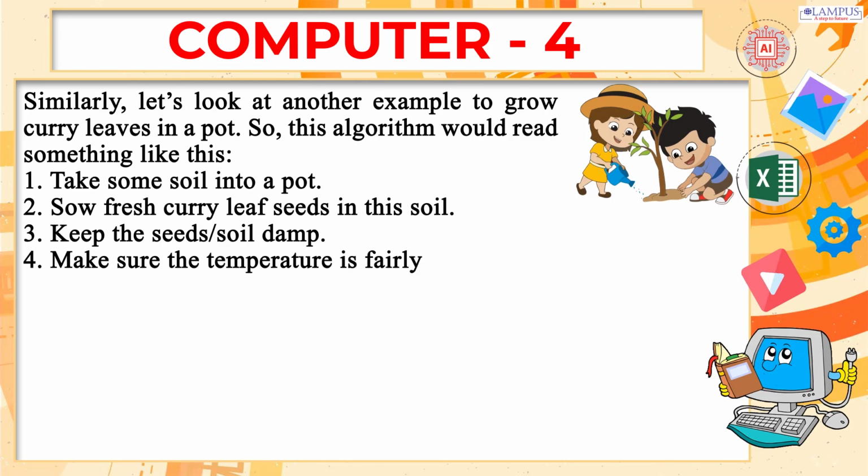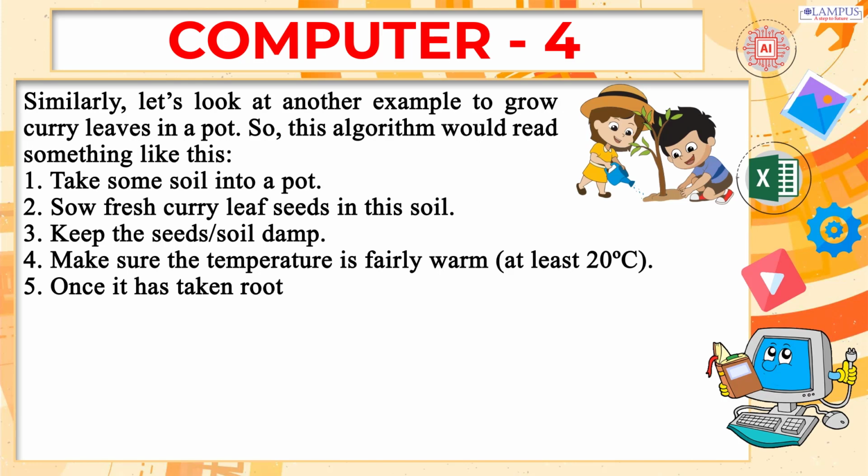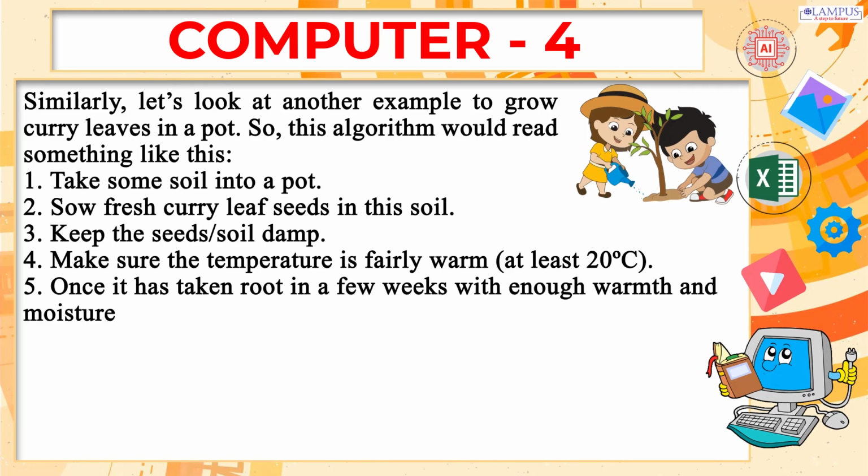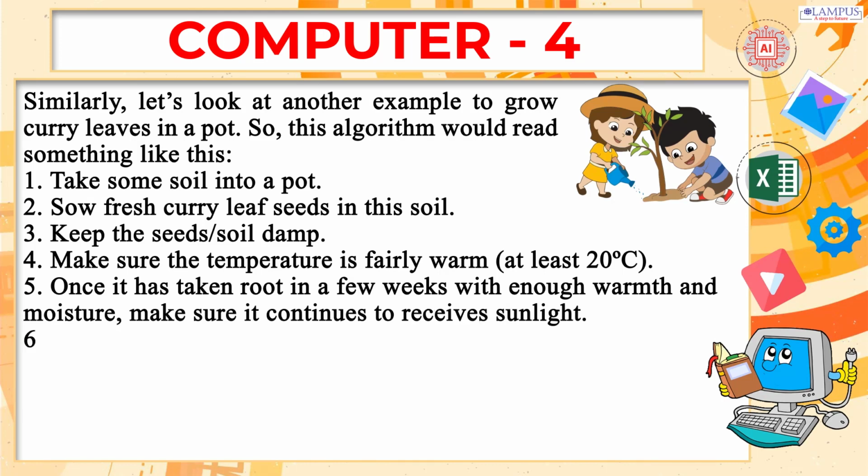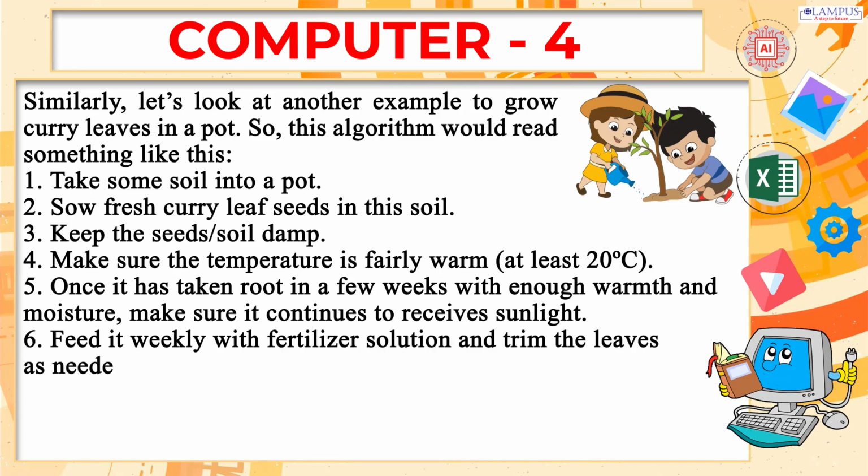Make sure the temperature is fairly warm, at least 20 degrees Celsius. 5. Once it has taken root in a few weeks with enough warmth and moisture, make sure it continues to receive sunlight. 6. Feed it weekly with fertilizer solution and trim the leaves as needed.